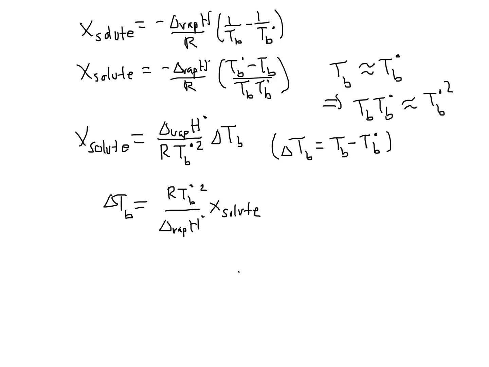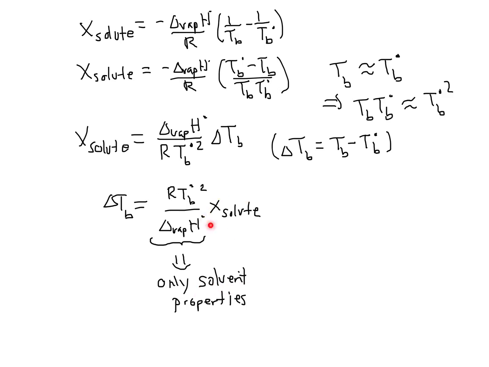Notice that all of these terms here are constant, and they depend only on the solvent. They're only solvent properties. So it doesn't matter what your solute is. The combination of these factors will only depend on what your solvent is.